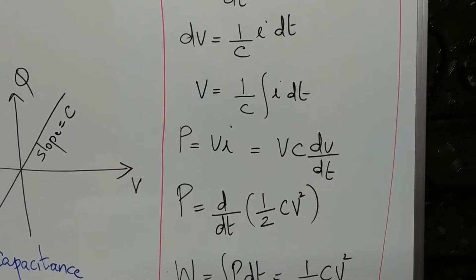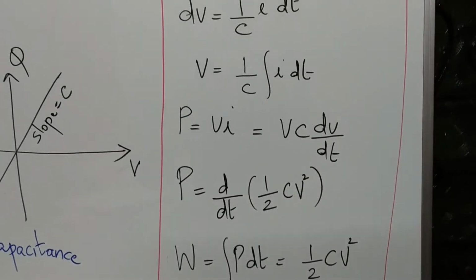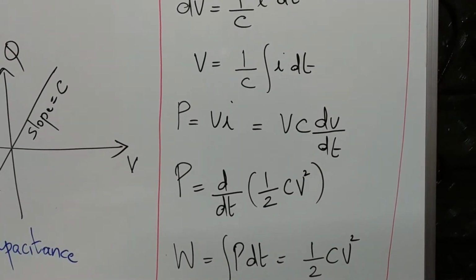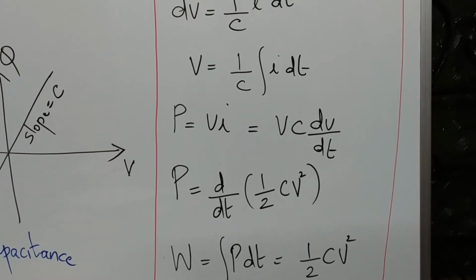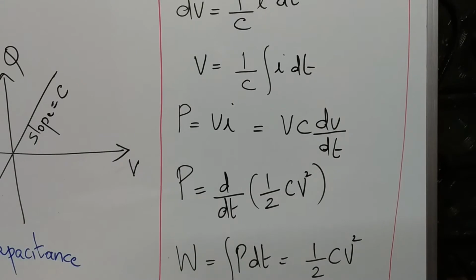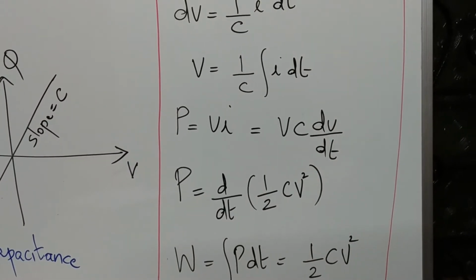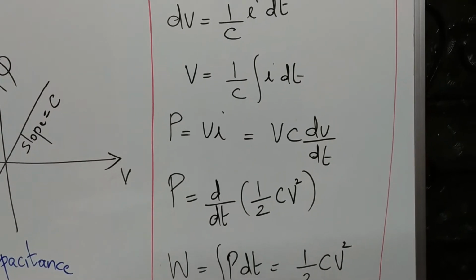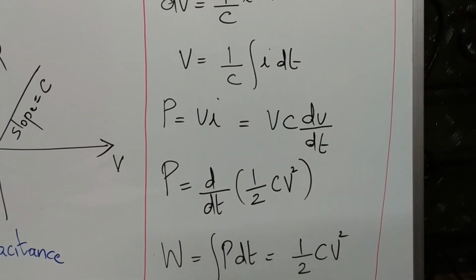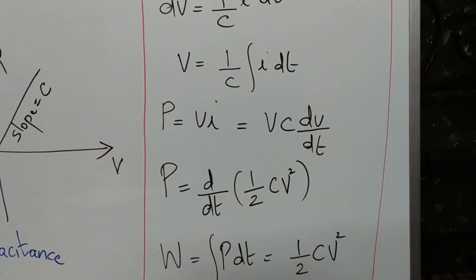Vc dV by dt can be written as d by dt of half CV squared. Now when you perform that differentiation, 2 and 2 will get cancelled and you will get the same equation back, which is V into C into dV by dt. So power is rearranged as d by dt of half CV squared.